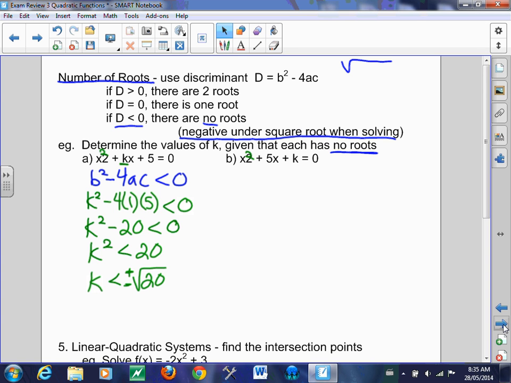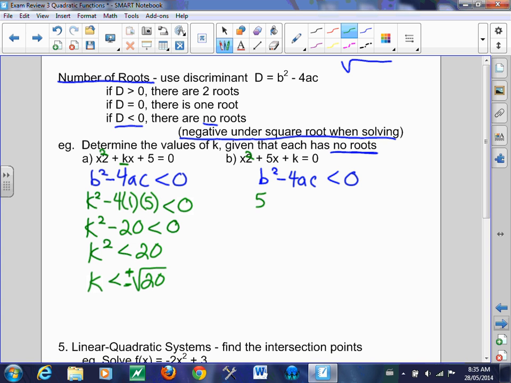All right, next example. Again, it tells us that it has no roots, so b squared minus 4ac is less than 0. But now we've got to sub in different parts. In this case, b is 5, so we're going to go 5 squared minus 4 times a, which is 1, times c, which is k, is less than 0.